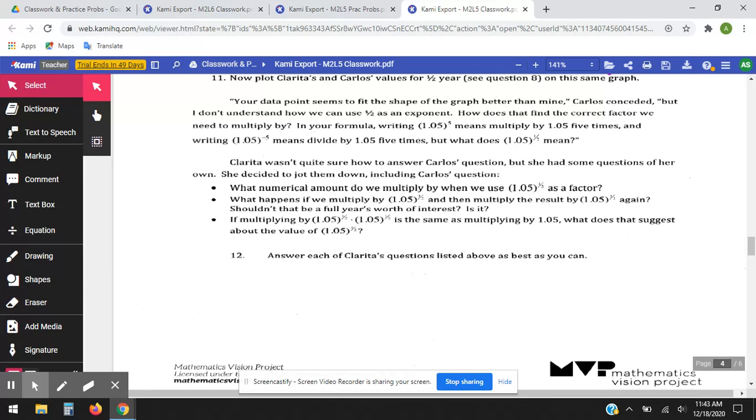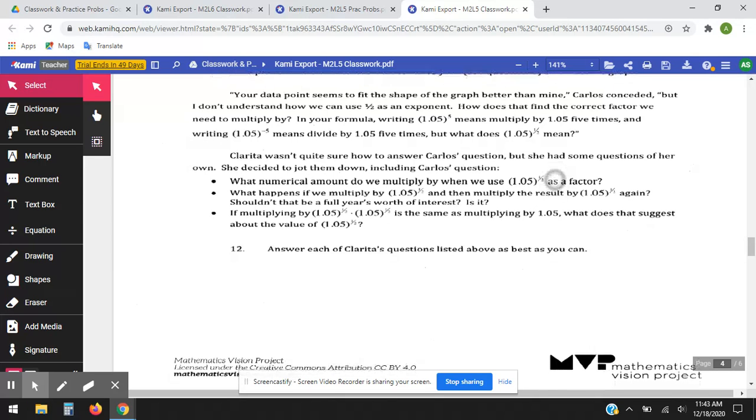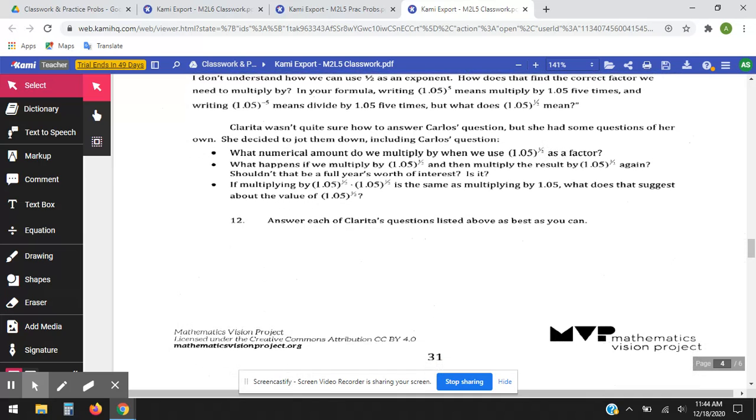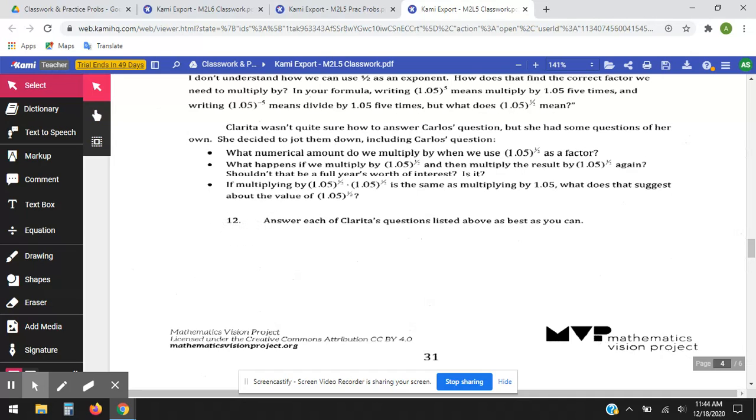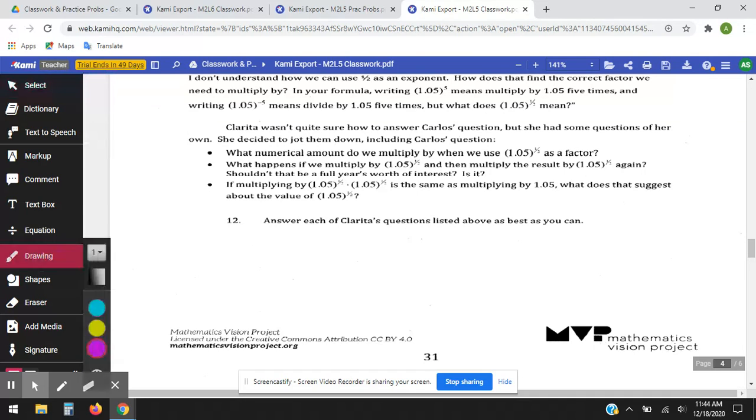Well, Clarita wasn't quite sure how to answer Carlos's question, but she had some questions of her own. She decided to jot them down, including Carlos's question. So if we plug in 1.05 to the 1/2 as a factor, what do we get? Well, we get 1.025.